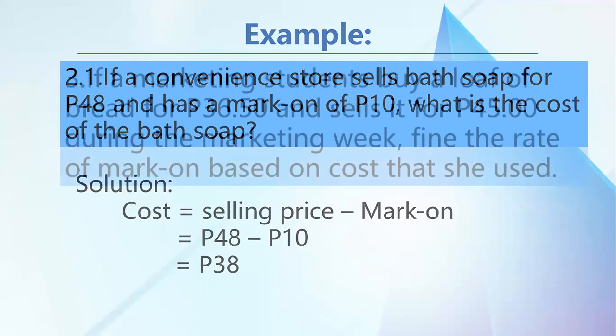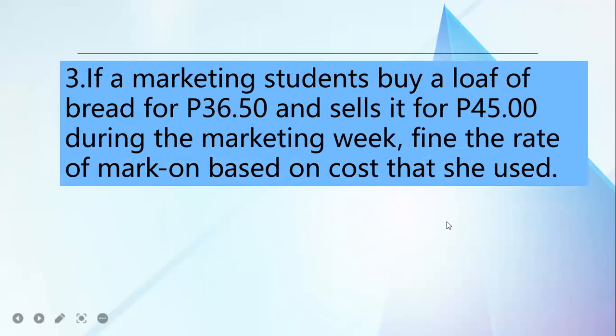Got it. So next example: if a marketing student buys a loaf of bread for 36.50 pesos and sells it for 45 pesos during the marketing week, find the rate of mark-on based on cost that she used. So what we are looking for here is the mark-on rate.